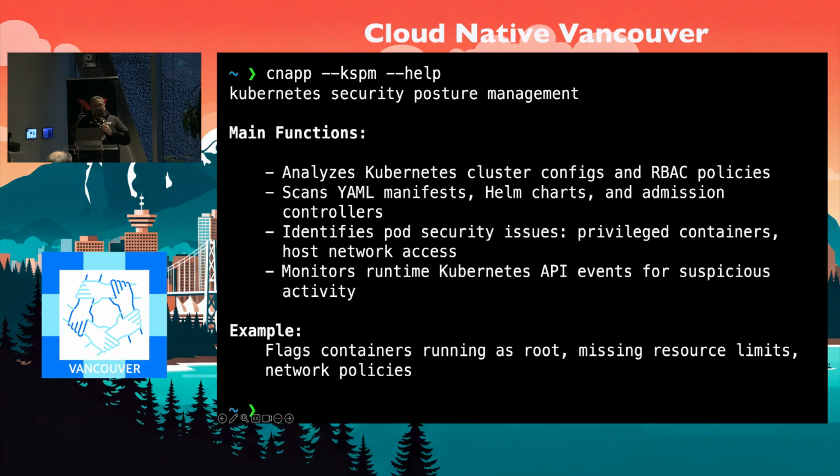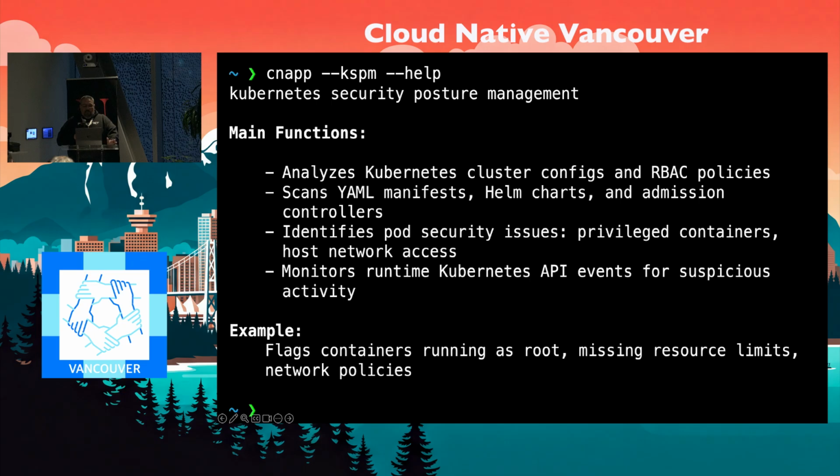You have a similar thing for KSPM, which looks into the configurations that you have for your Kubernetes cluster as well. You analyze the Kubernetes cluster configurations, RBAC policies, whether you have network policies around your pods inside the Kubernetes cluster, and look into the API events happening from your Kubernetes cluster in and out.